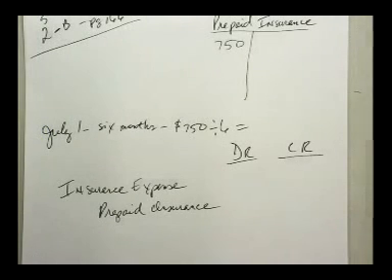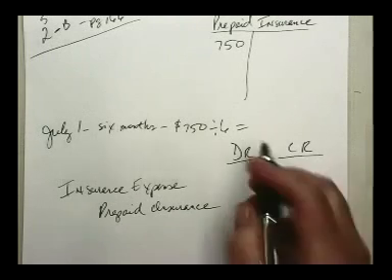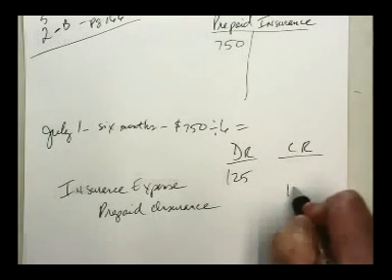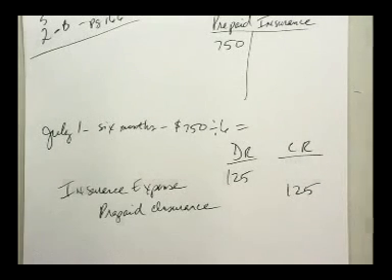And what is that? Anybody? 125? 120? Anybody got a calculator? $125. So I will debit insurance expense for $125, and I will credit prepaid insurance for $125.